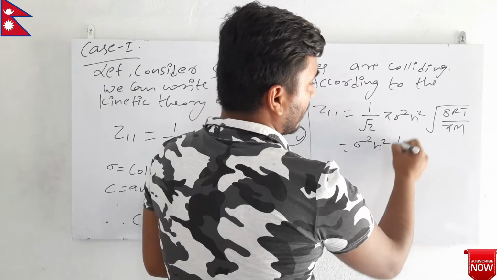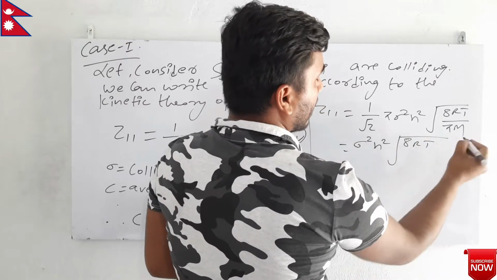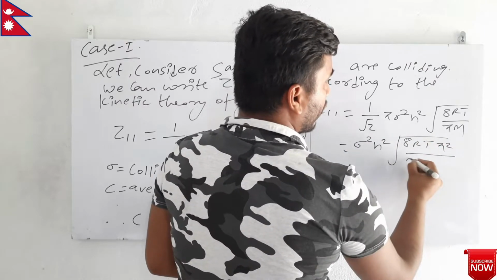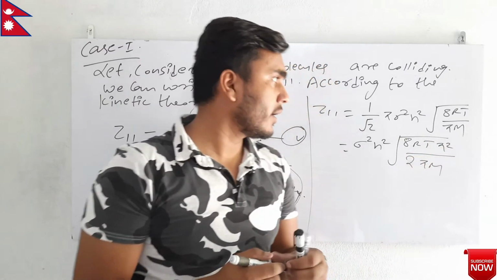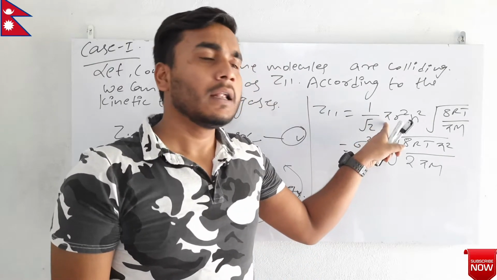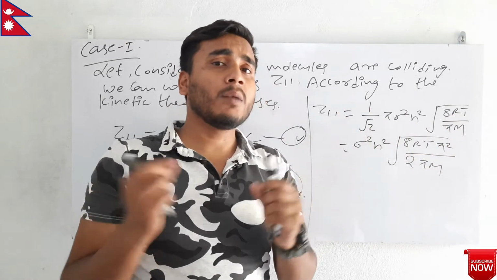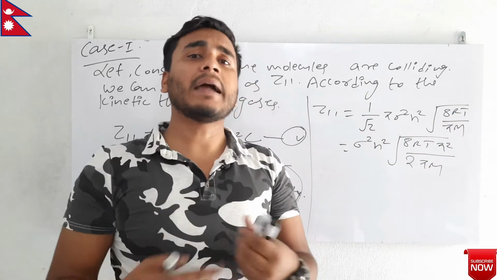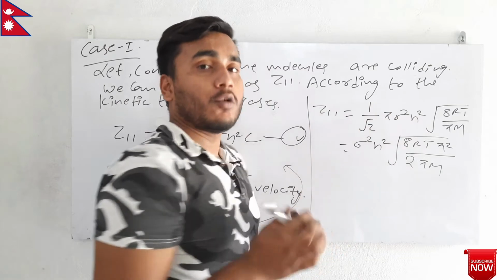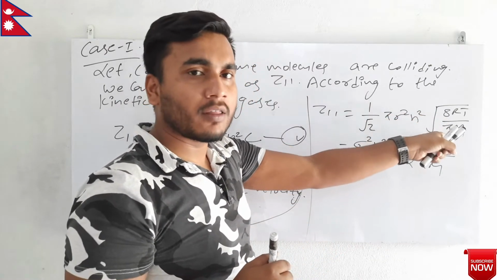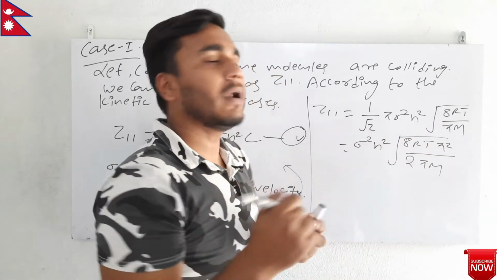Sigma square n square root under 8RT pi square by 2 pi m. Here we are writing pi square because we only have pi over here. Now if we take this value inside the root, then we must multiply one more pi over here, that is, we must make it pi square. Okay, and here we are taking this 2 inside it because there is already a root sign over here and there is also a root sign over here. So according to the rule of surds, they can be taken inside. Okay, they can be multiplied.